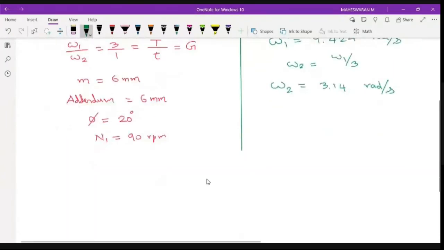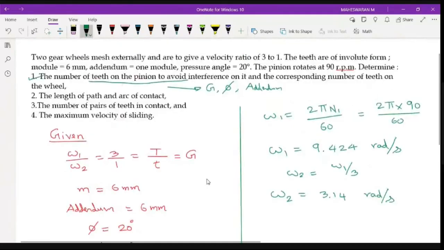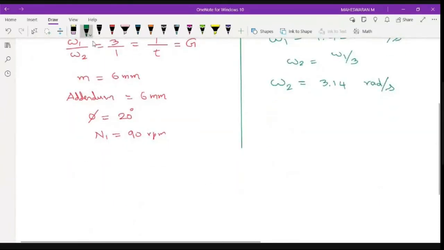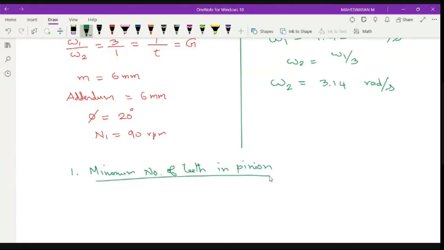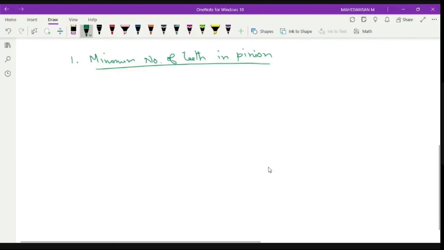Yeah, okay. Let me go for the problem. So let me go for the first step, to identify the minimum number of teeth in pinion. So what is the formula we use?